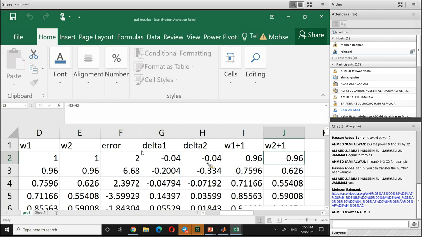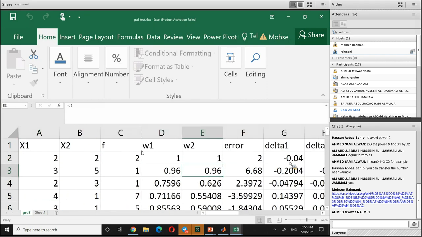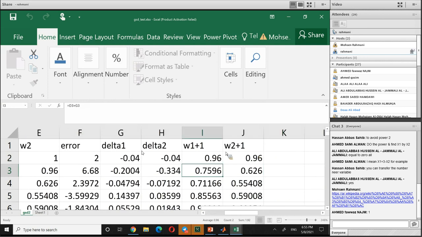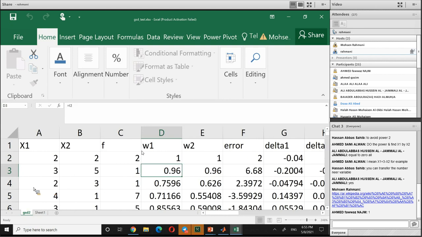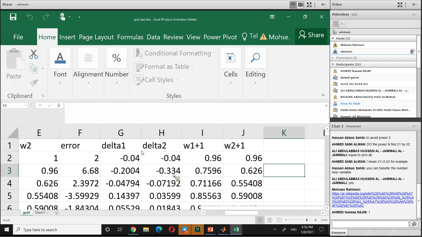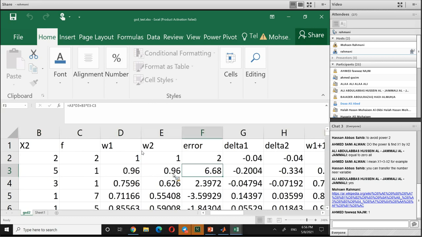In the next step, we just replace W1 and W2 by the updated values. And we repeat this equation again.